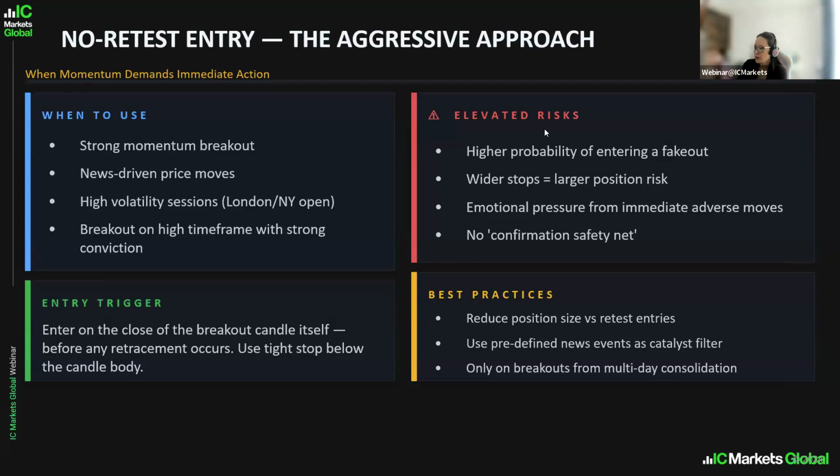Okay, so for the evaluated risk: higher probability of entering a breakout, wider stop equals larger position risk. So usually, whenever you want to enter on a higher time frame, you identify the key level.